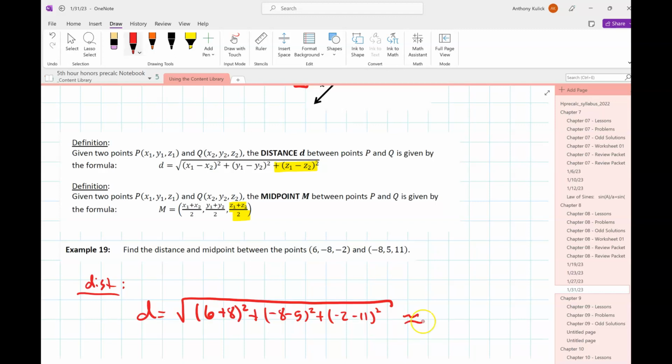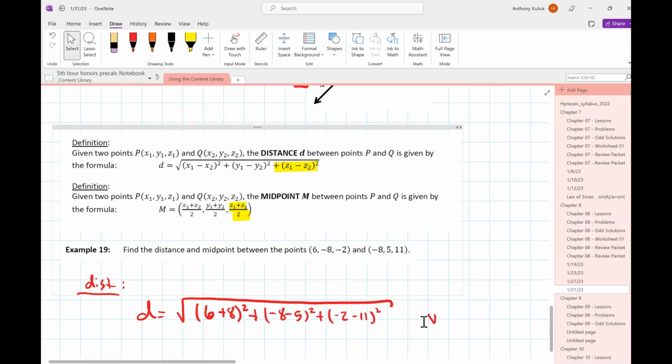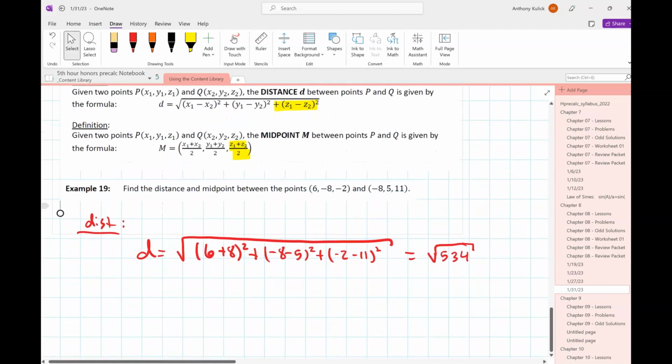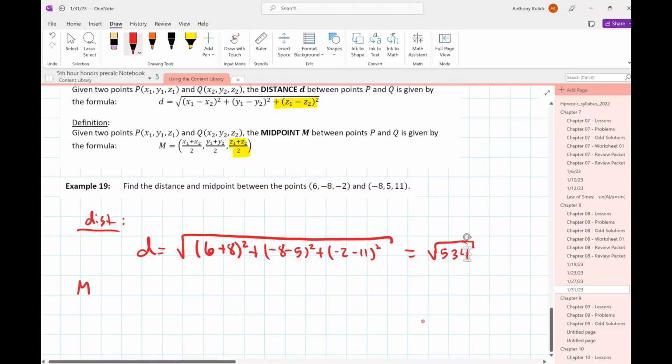So when I do that, I get, or I should say equals, let's see, that's 14 squared, 13 squared, 13 squared, 534, I think. Yeah, I think so.